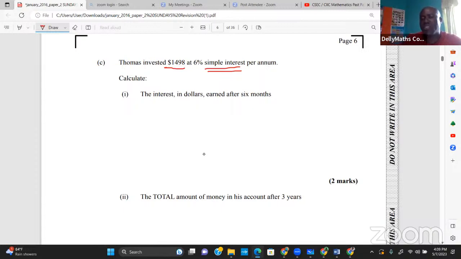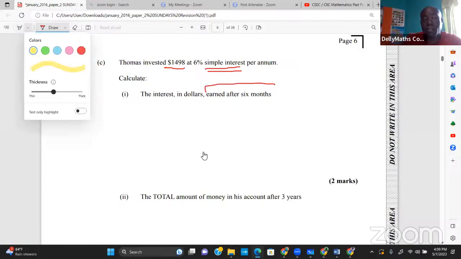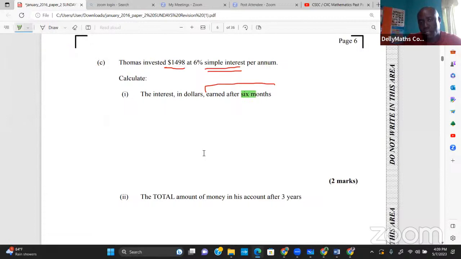So we want to calculate the interest in dollars earned after 6 months. This is the crucial part of the question right here, 6 months. This is not 1 year. Whenever you're doing simple interest and compound interest, you're talking about a yearly basis. The formulas are dealt with in years.